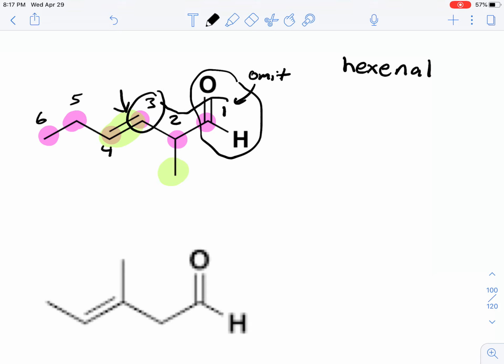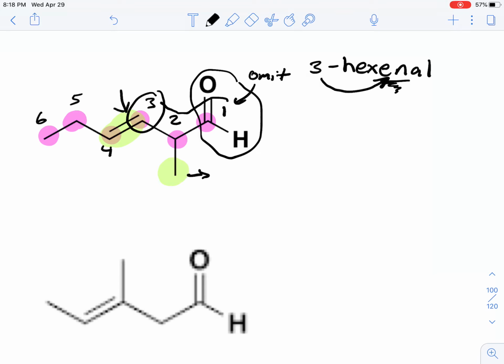Oh, look, at carbon 3, we have the beginning of the double bond. And so to describe the start of this double bond, this en, we're going to put a 3 in front of the parent name. And so this 3 is going to represent the position of that double bond.